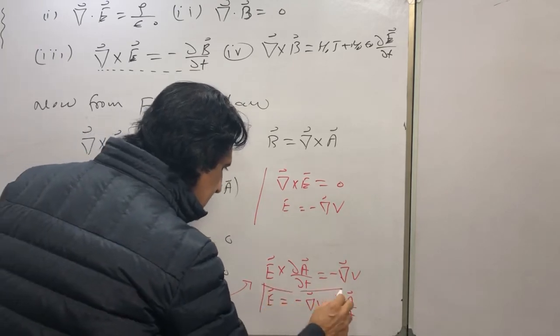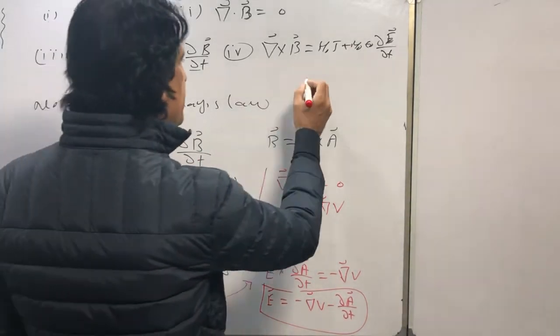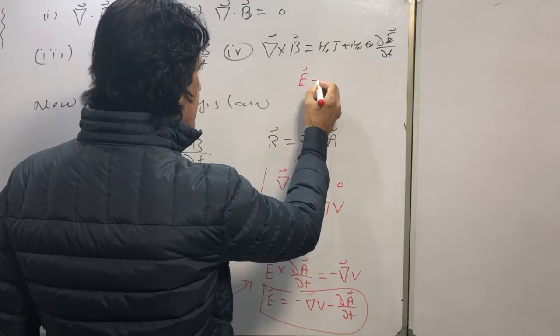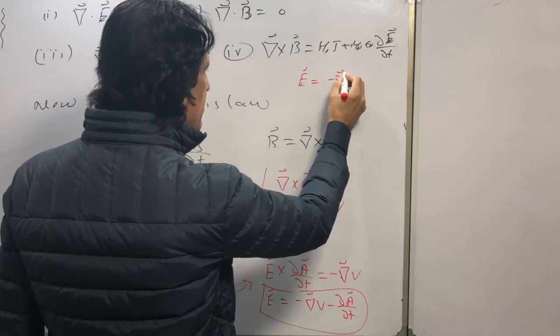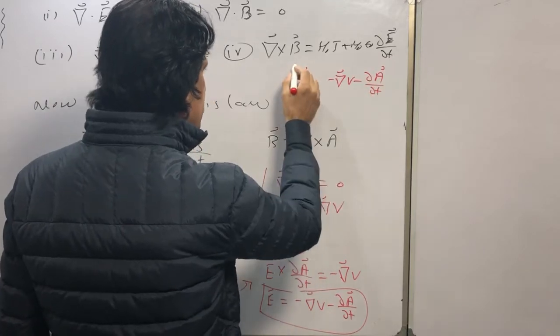And this is the electric field. This electric field E is equal to minus del V minus partial A divided by partial t.